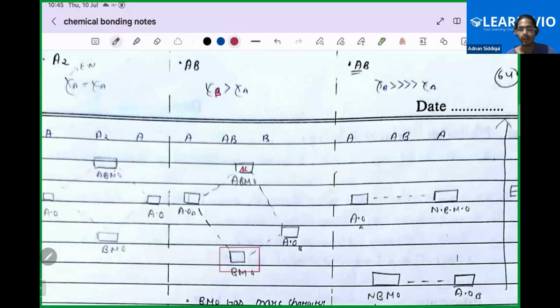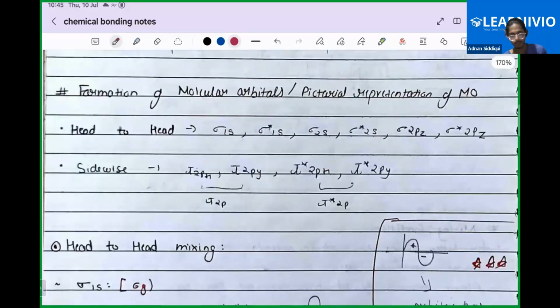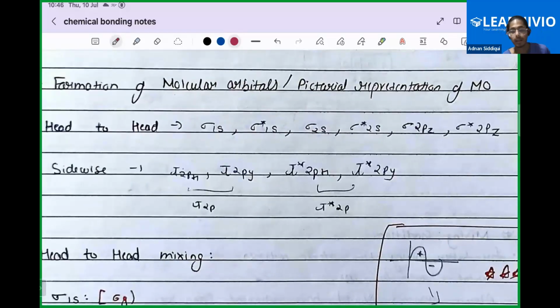If you don't have access to AC, you will be cooked, basically. The electron will feel the same instability. So the star represents that the bond formed is due to the antibonding molecular orbital.